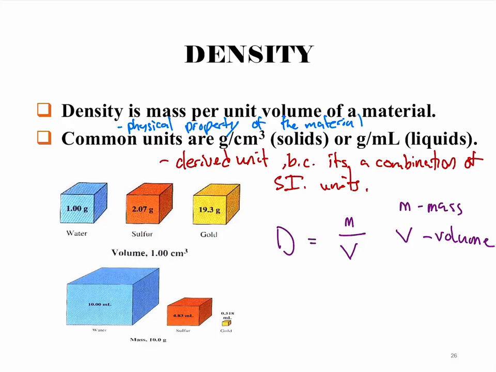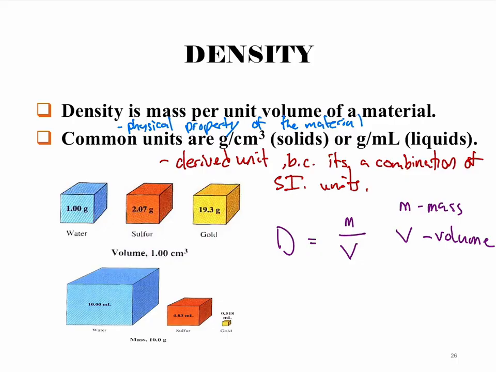And so for a given density, if we want objects that have different densities to have the same mass, they need to have differing volumes, right? That's what this illustrates.